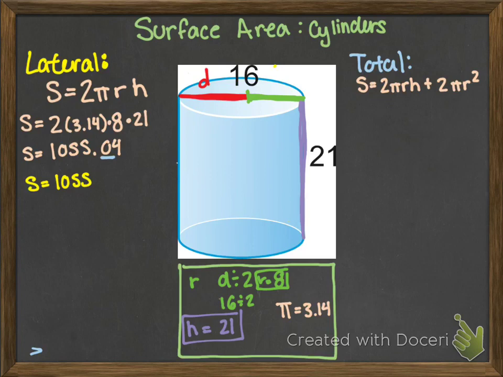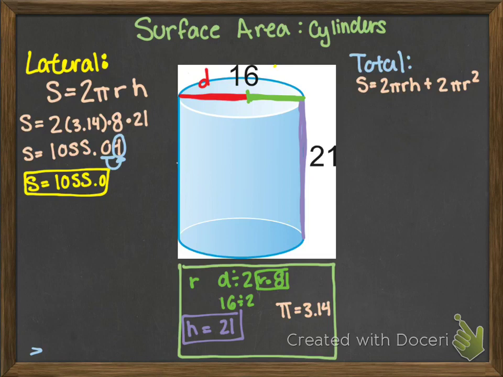That is the first number after the decimal. So we look there and we look right behind it. If that number behind it is below 5, we are going to keep it the same. If it is above, we're going to round it up. Since this is a 4, we're going to keep that 0 the same. So our answer would be 1055 or 1055.0.